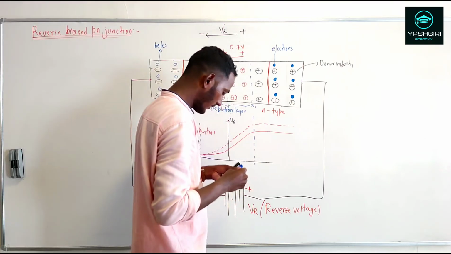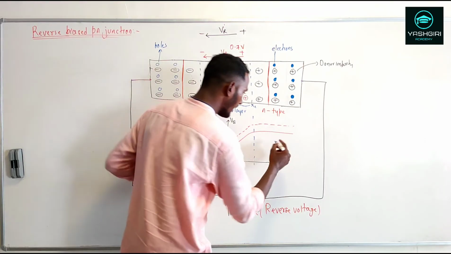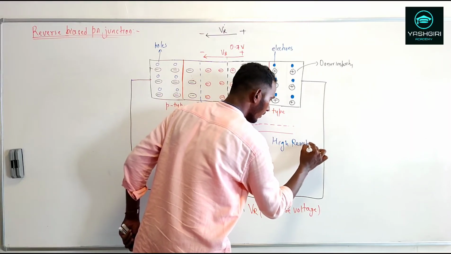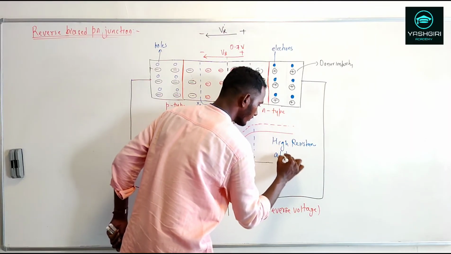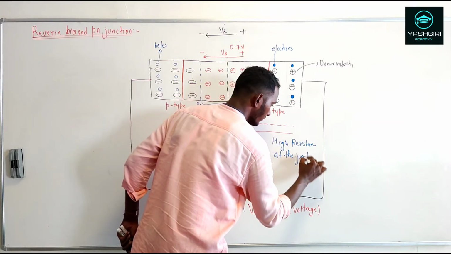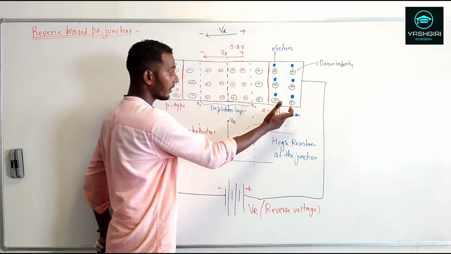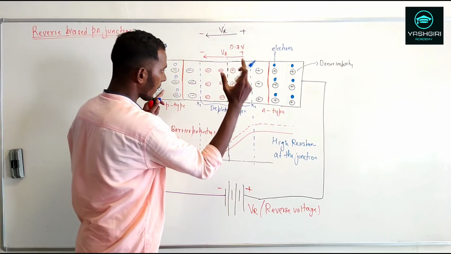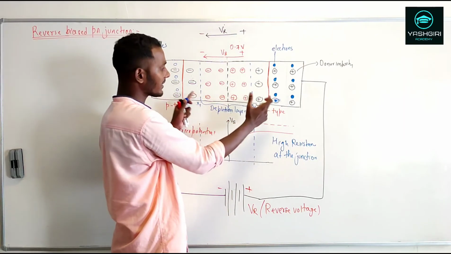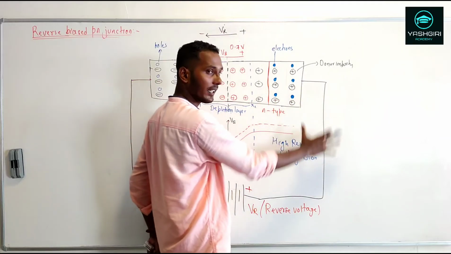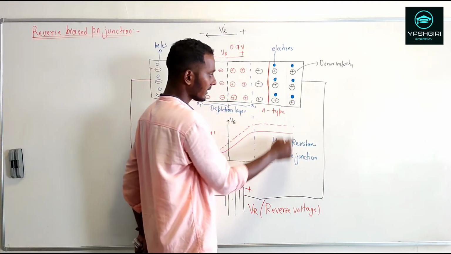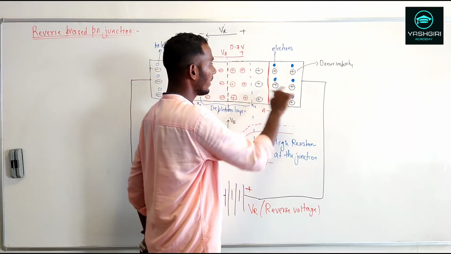I can say that this will offer a high resistance at the junction for the flow of charge carriers from both regions. So here you can say that there won't be any flow of current. Looking at this barrier potential, we can say that there will be no flow of current in this PN junction diode.